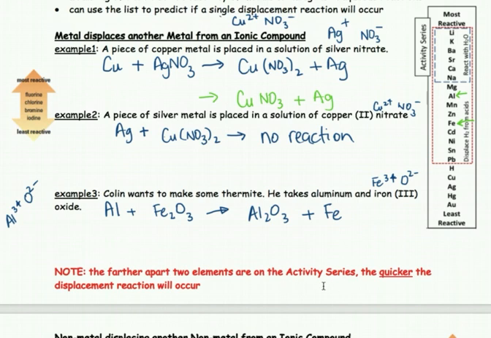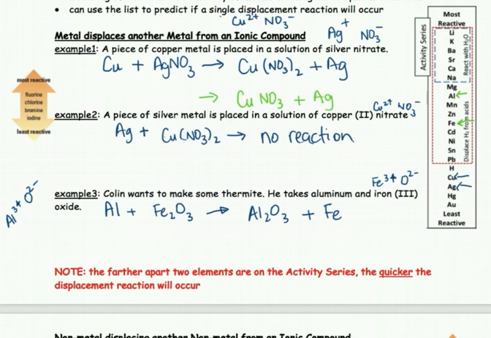So one note here at the bottom. Keep in mind if you were reacting these reactions together, for example, example 1, copper and silver. Copper came in and did displace silver.